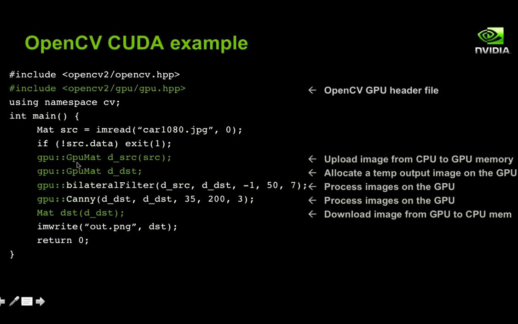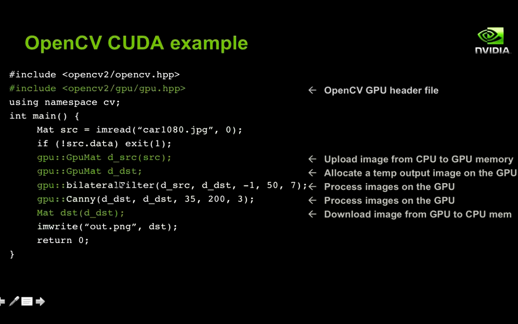However, now you have to explicitly transfer this mat from the CPU memory over to the GPU memory. To do that, you would first instantiate a GPU mat and upload this src explicitly to your GPU mat.